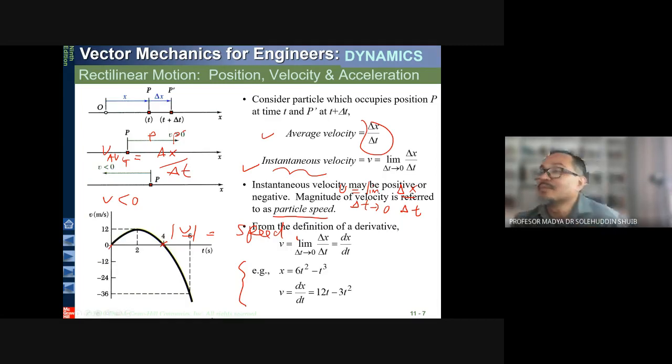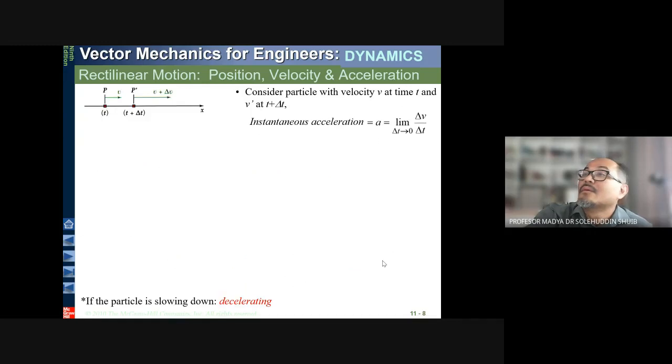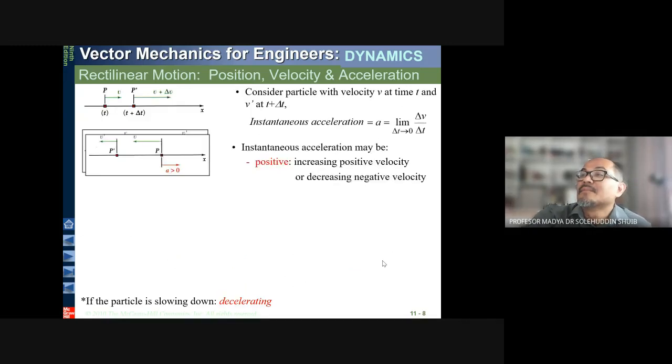Okay, so before that, after we have the value of this one, instantaneous velocity, so basically limit delta x over delta t is basically dx over dt. Okay, and then we proceed to relate with acceleration. Okay, same thing.